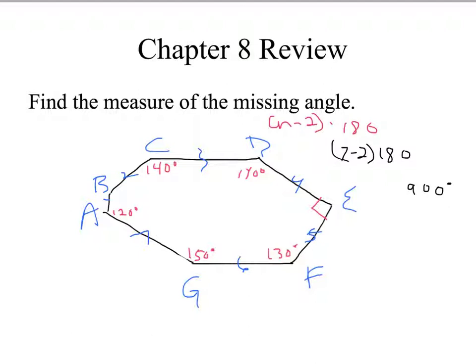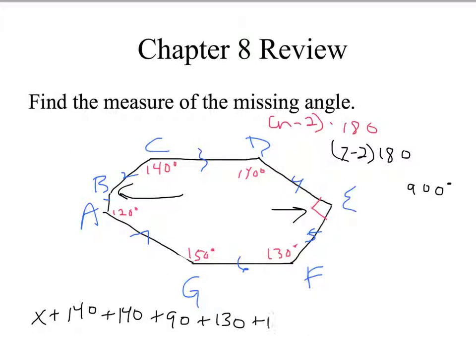So once we have our interior measure, we now plug in the angles we know. Well, we know x because we're trying to find this angle right here. We don't know what it is, so we're just going to plug in x, plus 140, plus 140, plus 90. This is a 90-degree angle. Plus 130, plus 150, plus 120 equals 900.